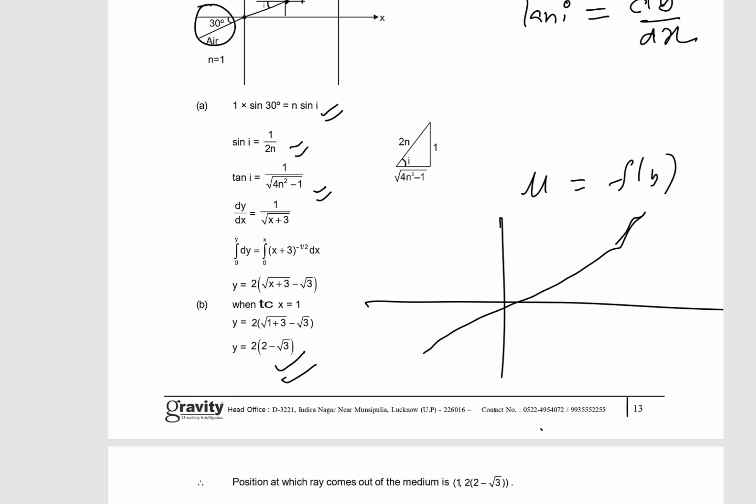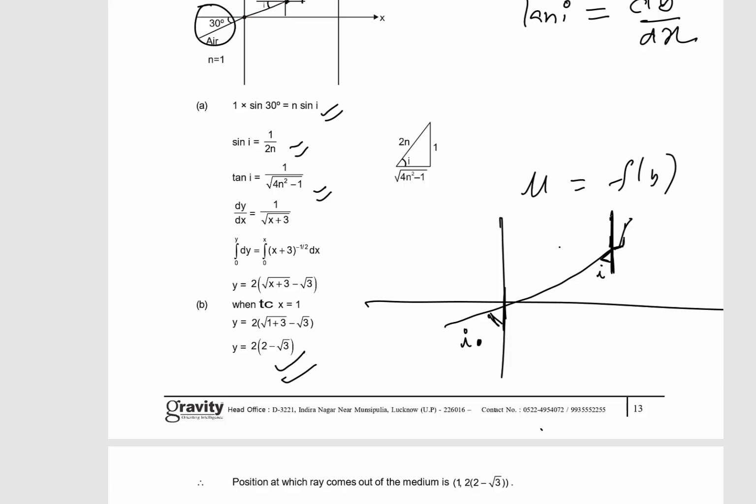Different layers along x have different. So here what will happen? This will not be our normal. This will be our normal at some particular point. So here this is the normal, this is the initial angle of incidence, this is I at any particular point.